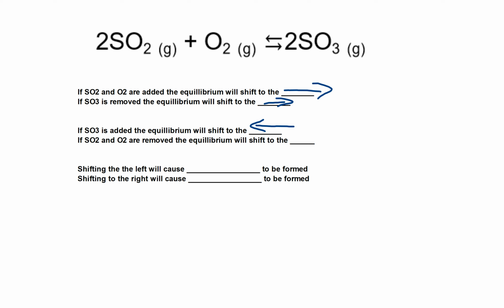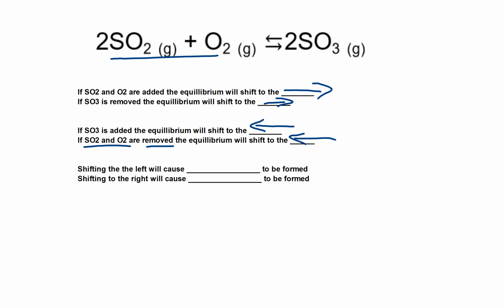If SO2 and O2 are removed, the equilibrium will shift blank. All right, pause the video, think about it. All right, SO2 and O2 are reactants. So if I remove reactants, I'm going to shift to the left in order to replace those reactants. All right, shifting to the left will cause blank to be formed.